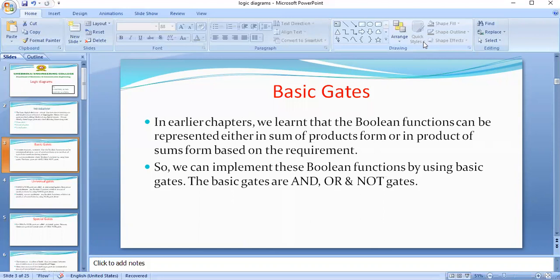So these three are called basic gates. By using only these three gates, we can implement any type of Boolean function.